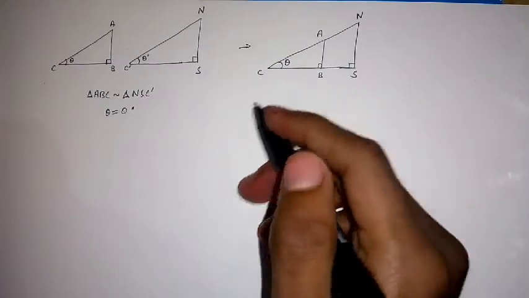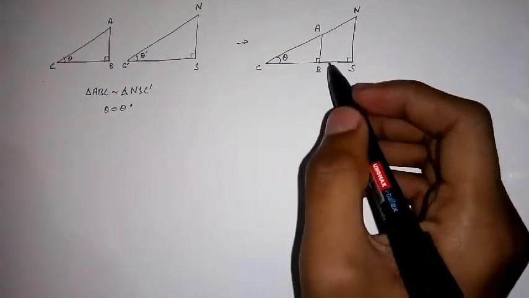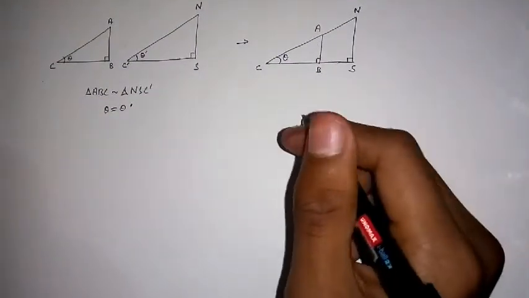So I've considered both the two triangles in this way, where AB is parallel to NS.